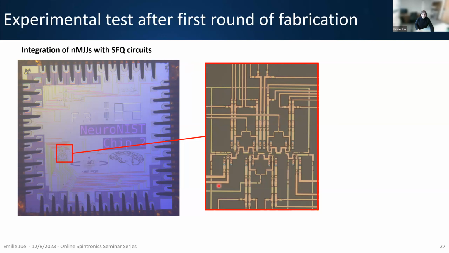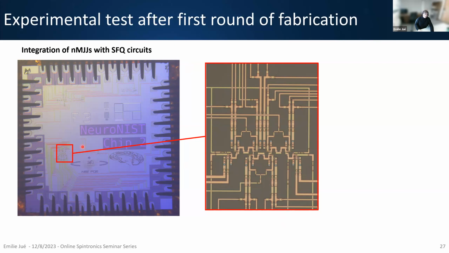For that, we designed some test structures that allow us to test the neuromorphic synapse functionalities. And we developed a process to integrate the nanoclustered magnetic Josephson junction with the more traditional Josephson junctions, which are used for single flux quantum circuits.